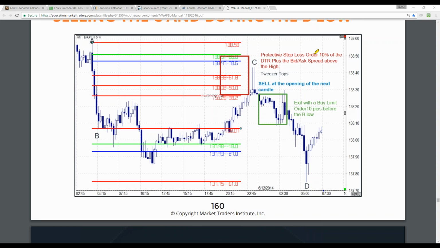I will place my stop 10% of the DTR plus the bid and ask spread above the candlestick formation high. So in this case, if it was 150, it's 15 pips, the 10%, plus 5 pips, it would be a 20 pip stop above the high.